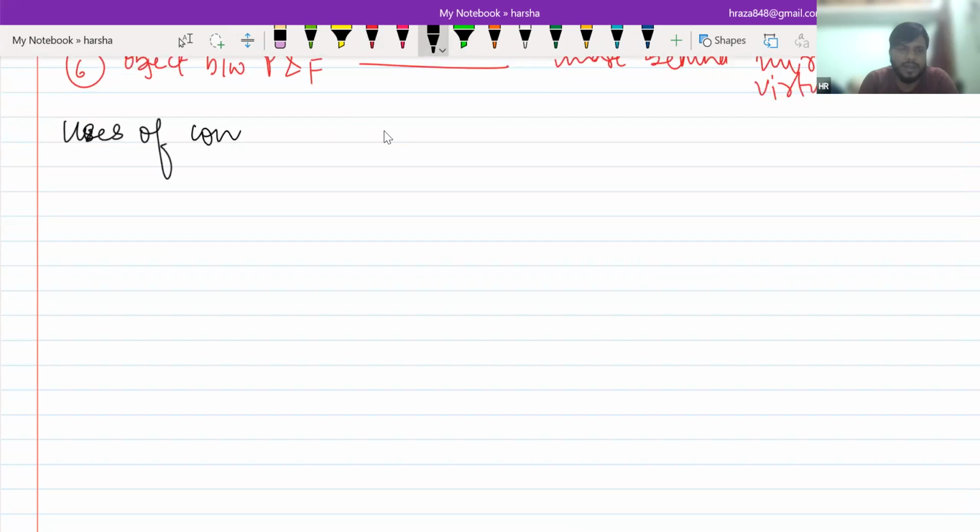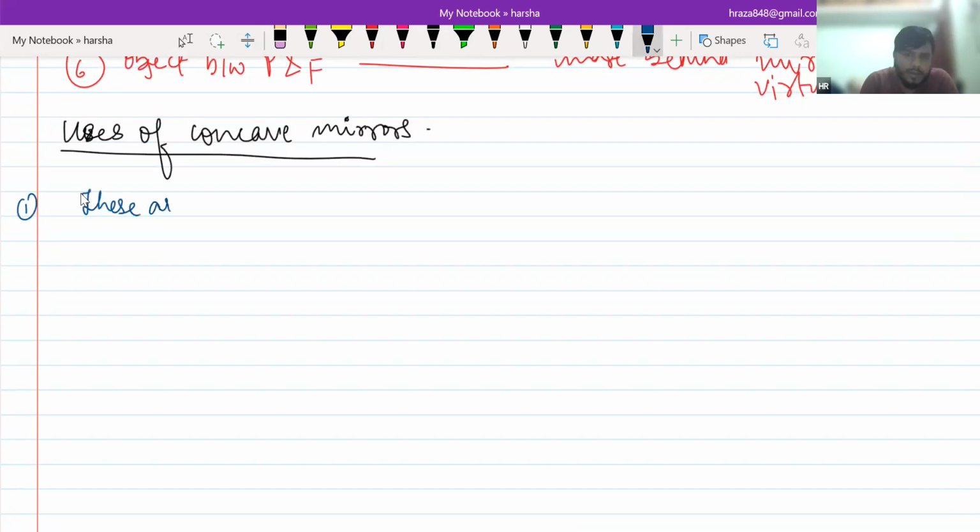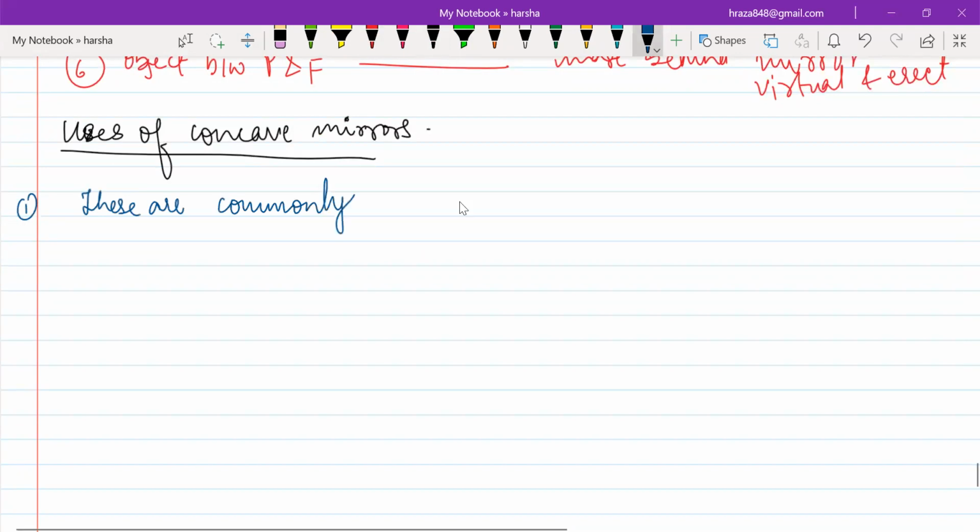So when we talk about the uses of concave mirrors, basically concave mirrors are commonly used in torches and also vehicle headlights to get a powerful parallel beam of light.